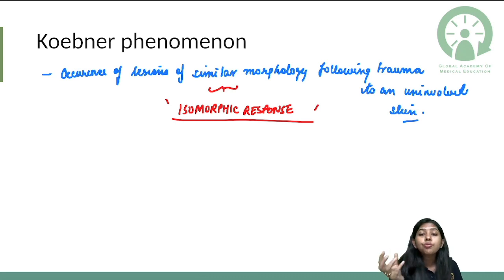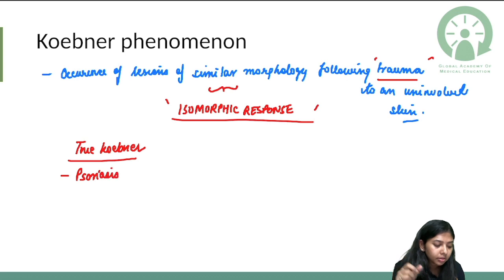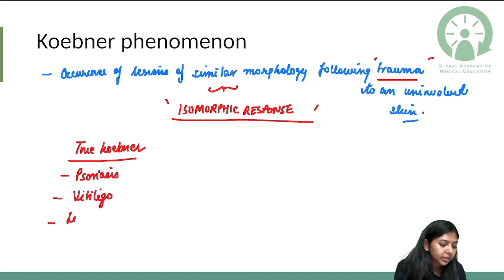Now where do you get true Koebner phenomenon? What we looked at was pseudo-Koebner phenomenon. True Koebner phenomenon is because of trauma. You get true Koebner phenomenon in 3 conditions: psoriasis, vitiligo and lichen planus. Okay, remember these three conditions.